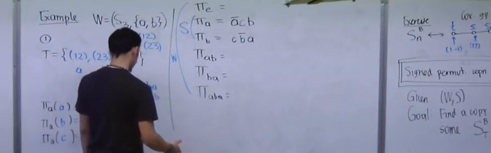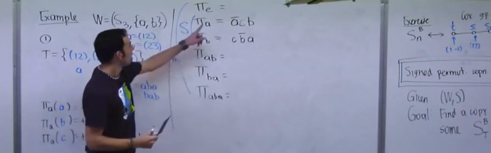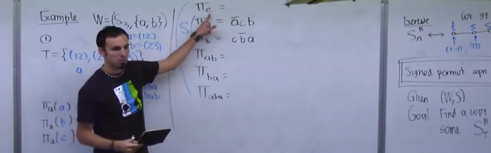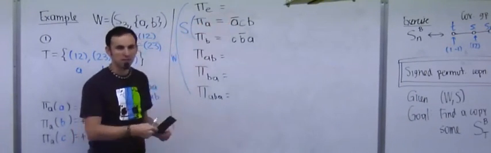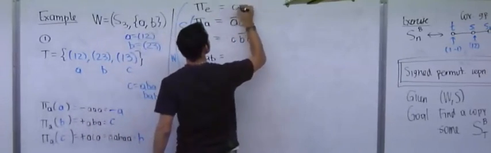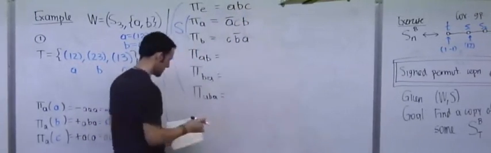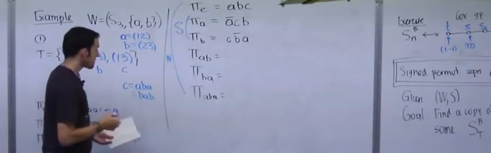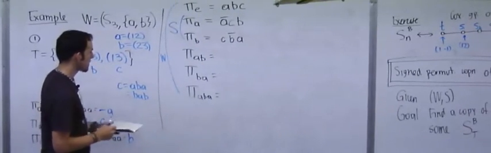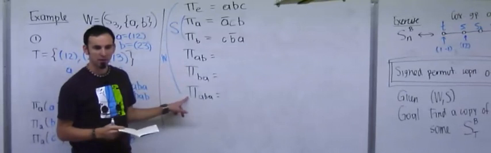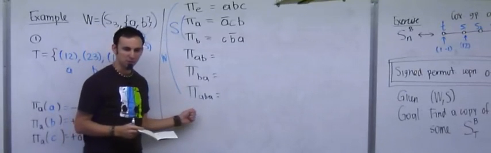Well, there's one that's easy. E is the empty word, and so that means that I should just get the identity here. Now, these two are medium, and this one is a little bit harder. And there's a reason why this one is a little bit trickier.